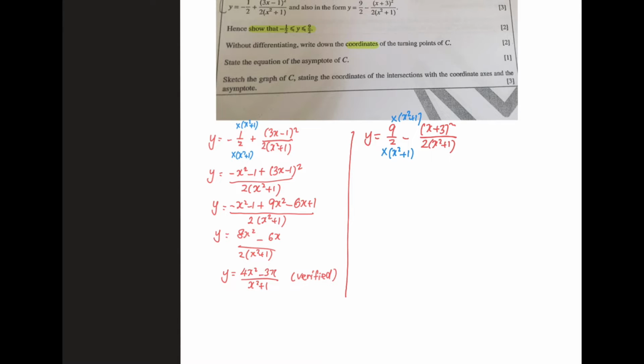Then we will get 9(x squared plus 1) minus (x plus 3) squared over 2(x squared plus 1). And then you will get 9x squared plus 9 minus x squared minus 6x minus 9.